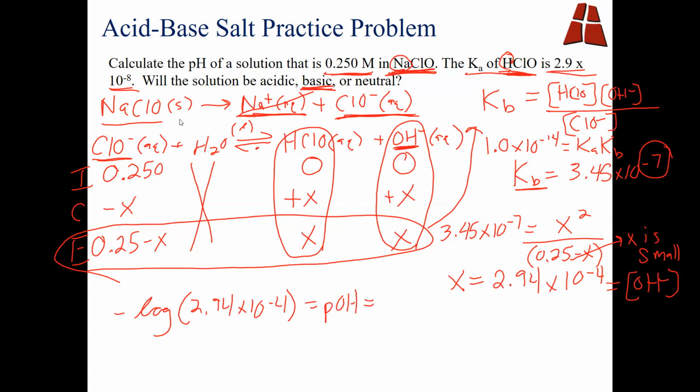For the pOH, I got 3.53. Then if we do 14 minus that pOH value, I got a pH of 10.47. Hopefully that is what you got too.